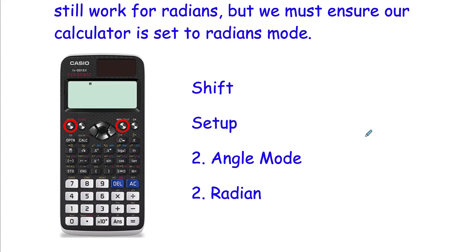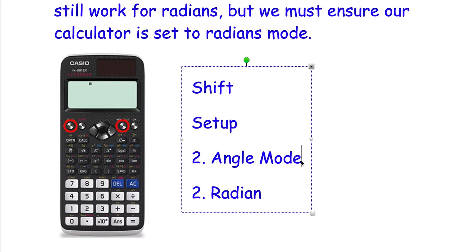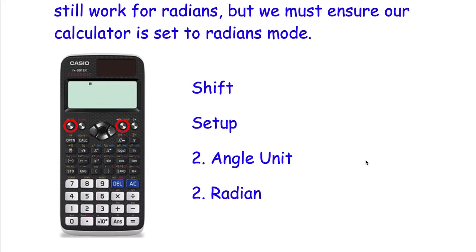It's really simple. Once your calculator's turned on, just in normal calculation mode, you would press Shift and then Set Up, and then that would give you the option to choose the angle unit. I've written angle mode there, that should say angle unit, which is option 2, and then you would choose option 2 again to change it to radians. So I've just done that on my calculator.